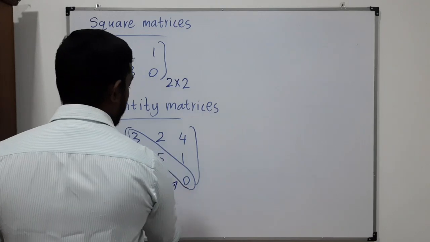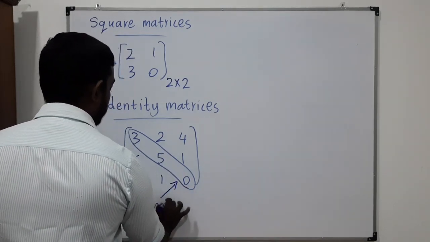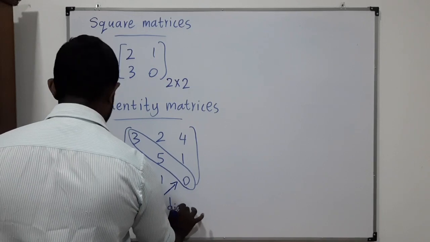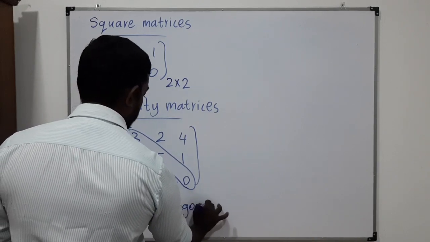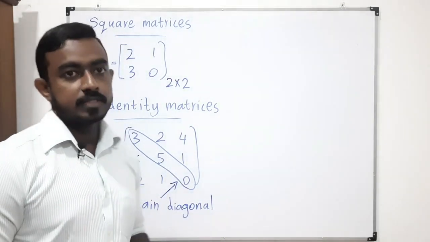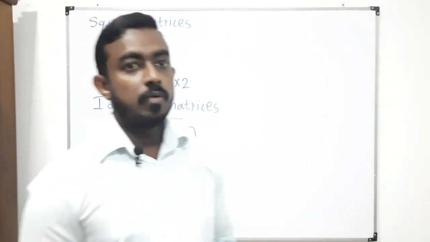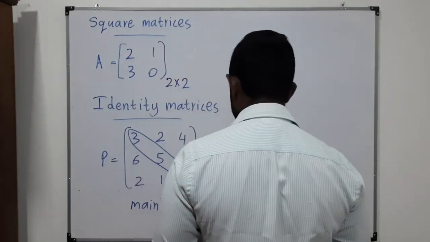So this is known as the main diagonal. Now to understand identity matrices, we have to know what the main diagonal is. So let us see what an identity matrix is.